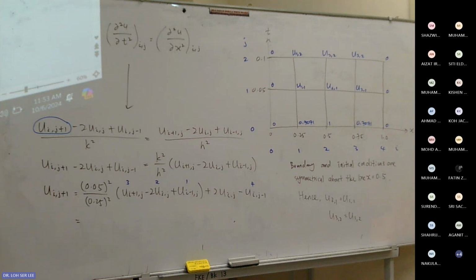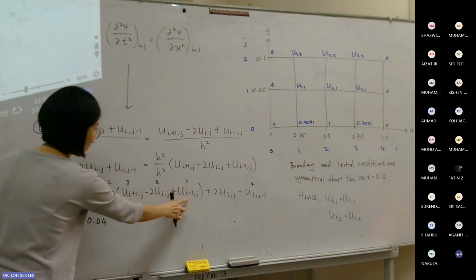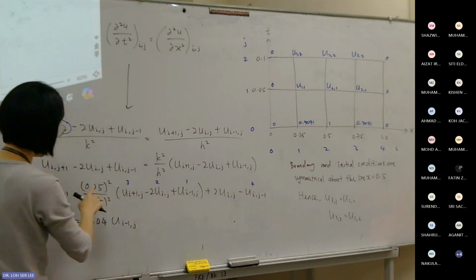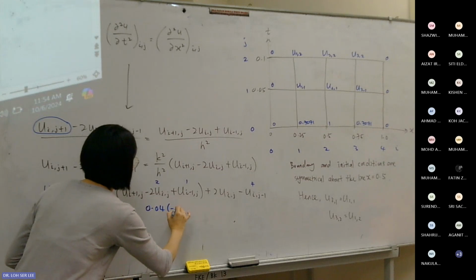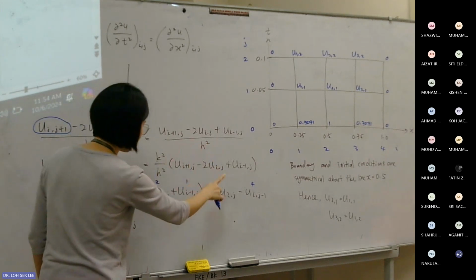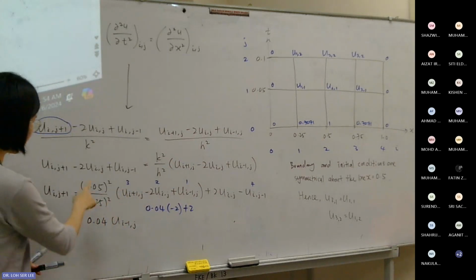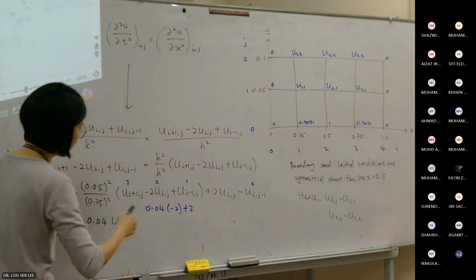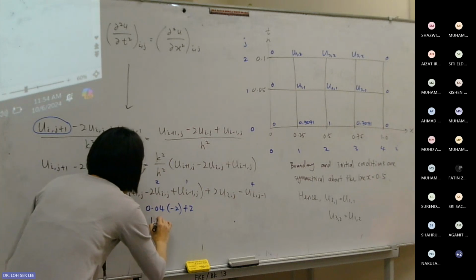So what do you get? 0.04. Okay, so 0.04, that means this one first. u i minus 1 j, and then 0.04 times negative 2, and then plus 2. What is the value? 1 times negative 2, and then you plus 2, 0.922.